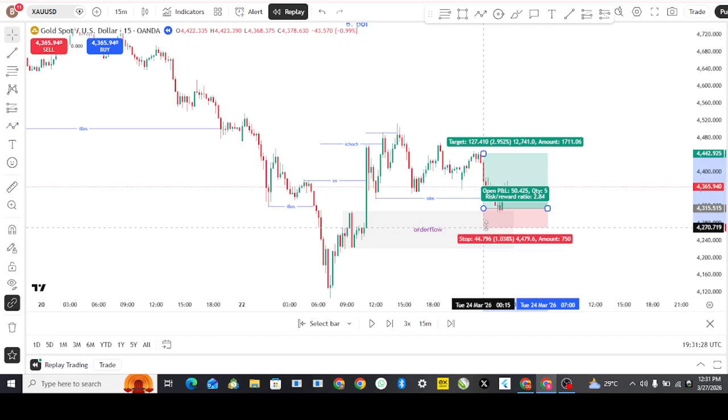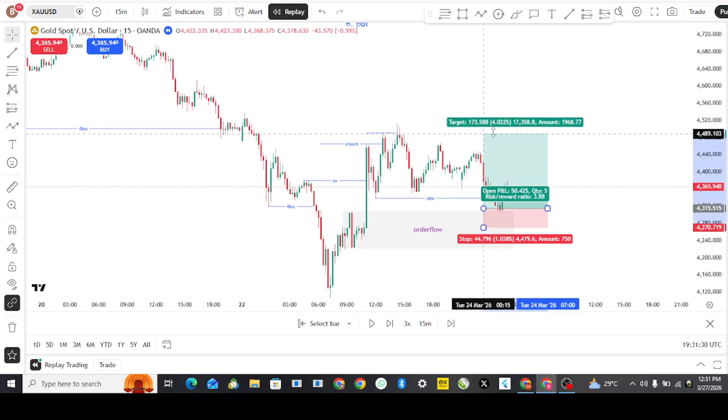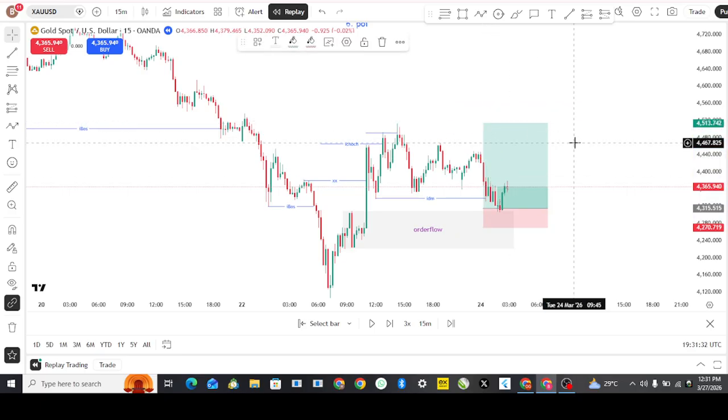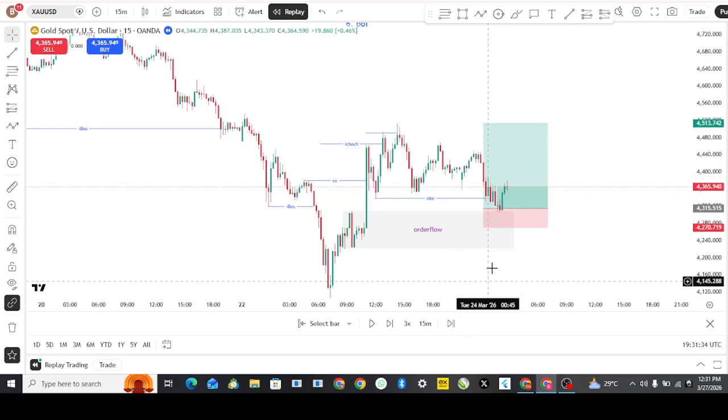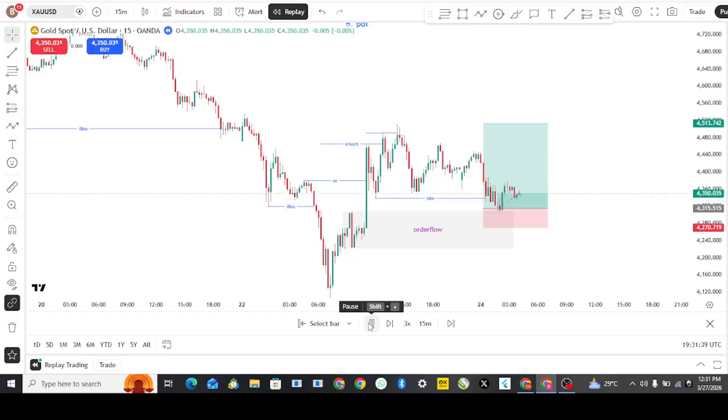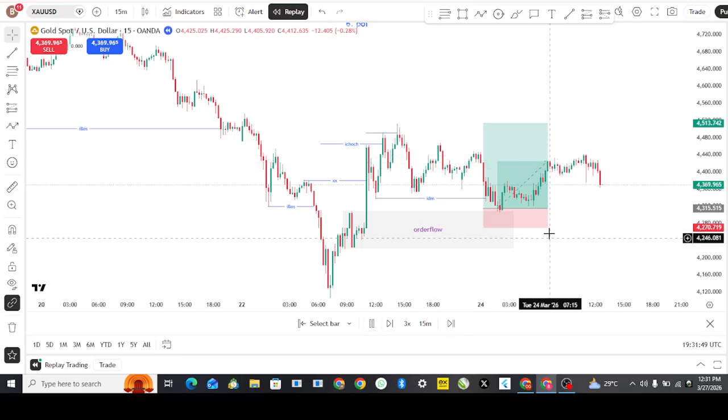Understand? Somewhere like this, then your target should be this recent high. Are you getting it? Your target should be this recent high. Let's see what will happen.